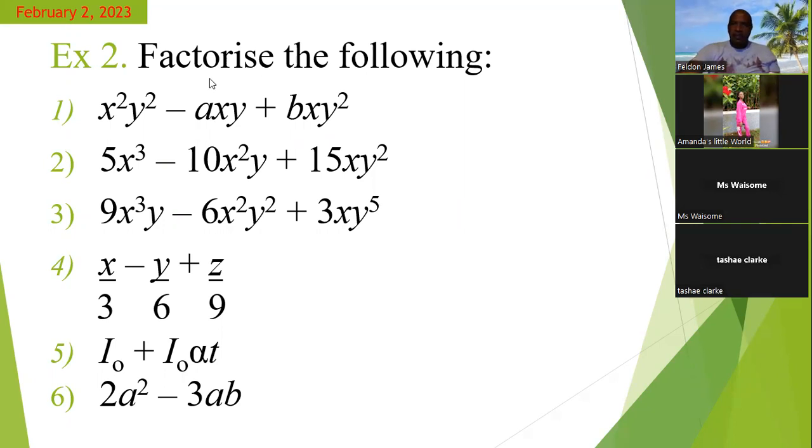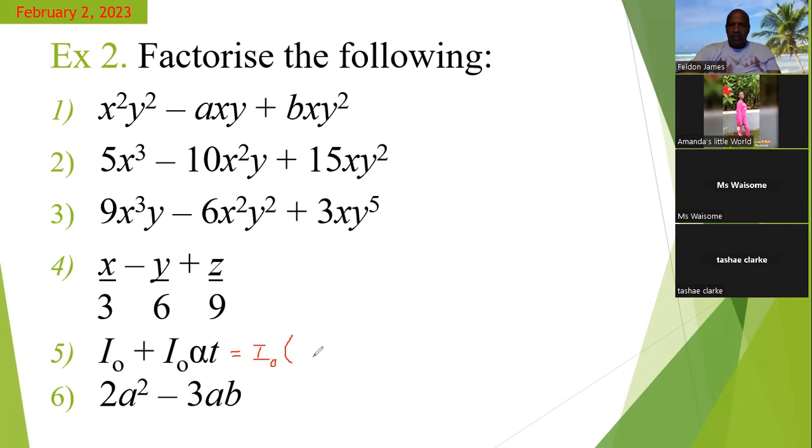Sir, before you move on, was question 5 right, sir? Yes, it was correct. So the answer here is that I naught is the HCF because it is common in all the terms. So we pull that out, we divide each term by I naught.